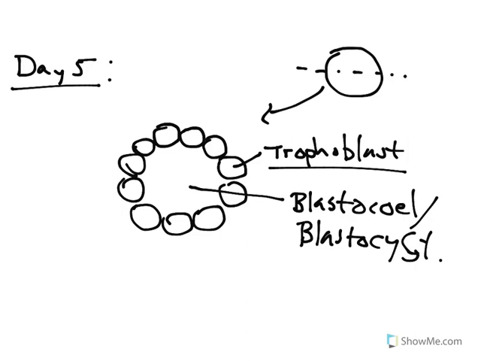Now, the trophoblast is ultimately going to help form things like the placenta, the embryonic side of the placenta, and many other structures, some of the other extraembryonic membranes. That's also going to be very important.